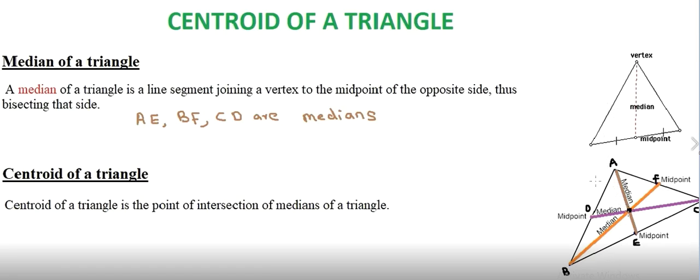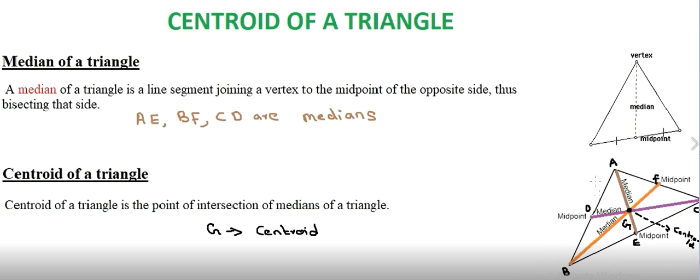This point is the point of intersection of these three medians. So this is our centroid. I am naming this point G. So G is the centroid of the triangle ABC.